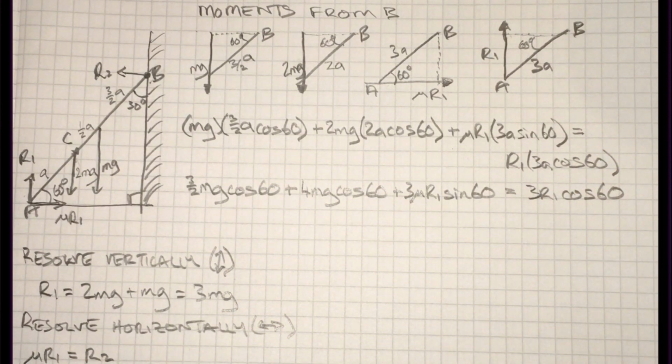All right, let's not forget that we had already found a value for R1. R1 was 3mg. So actually all of these have mg in common as well. So there's a common factor of mg, which we can go ahead and eliminate.